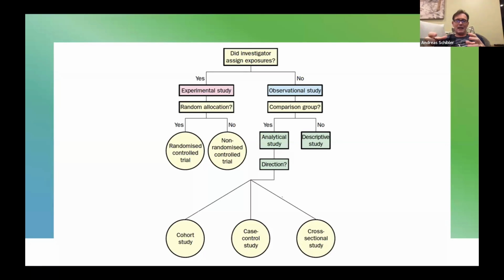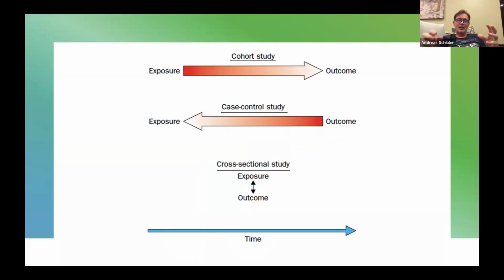And if you have a comparison group, we do an analytical study where we use the direction. I'm showing that in the next slide, where we place the observational study in a cohort study, case control study, or cross-sectional study. So a cohort study says, okay, we have an exposure, we change the way we do things, and we look at the outcome.